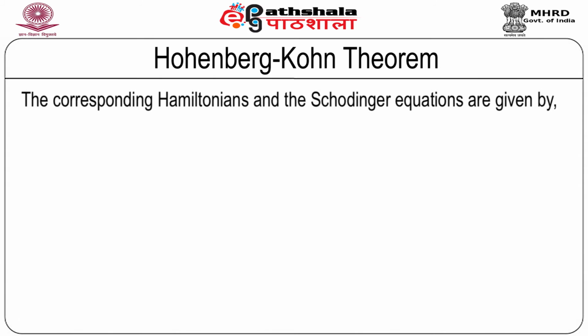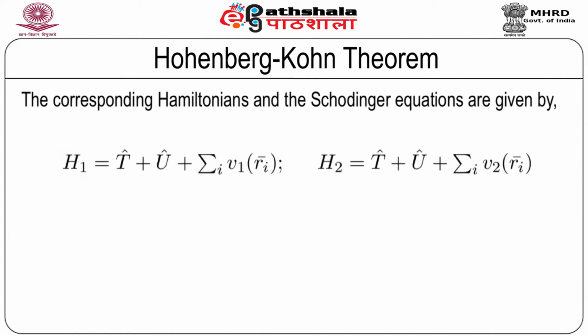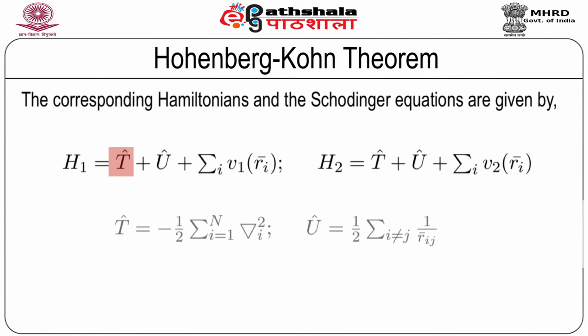The corresponding Hamiltonians H1 and H2 have the kinetic energy part, given by minus half summation over del i square, and U, which comes from the electron-electron repulsion term, given by half summation i not equal to j, 1 over r_ij, and the third term coming from the external potential, which is different in case of H1 and H2.